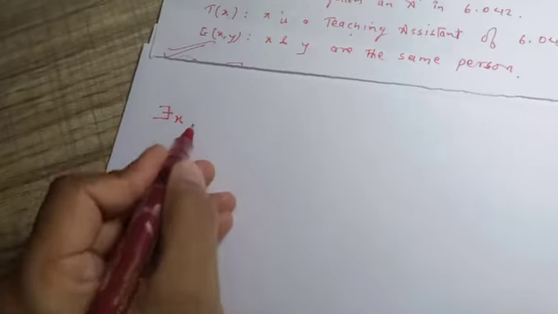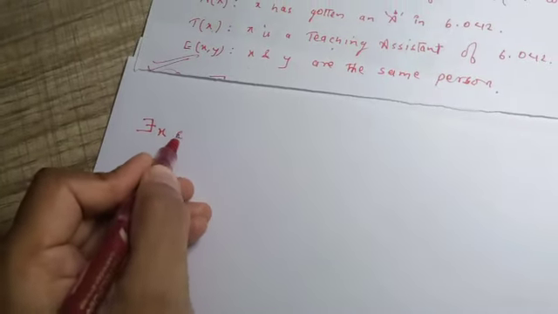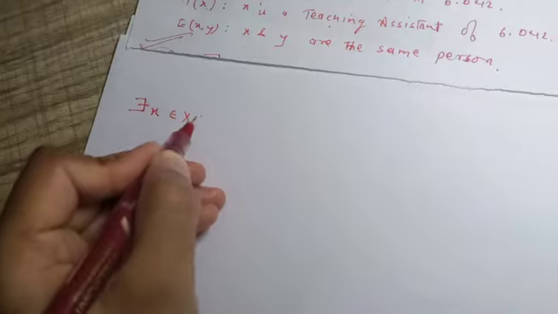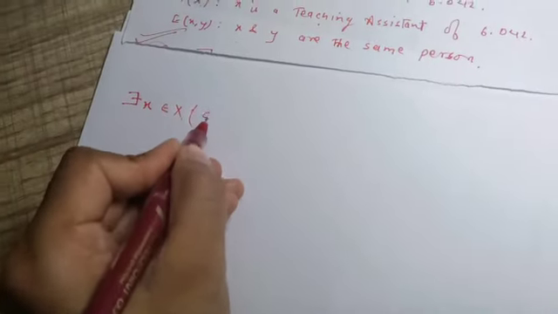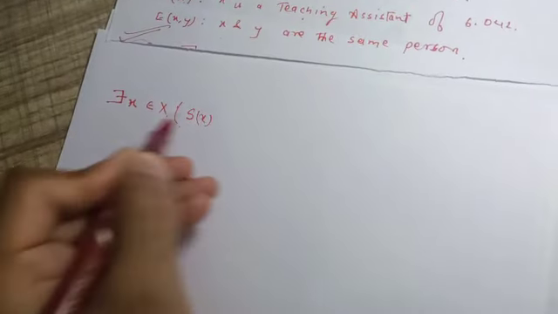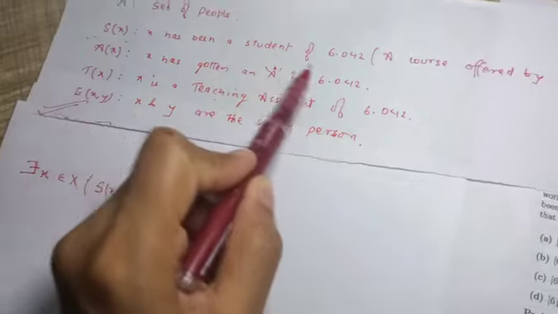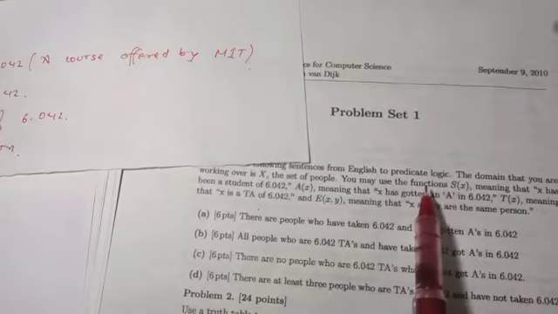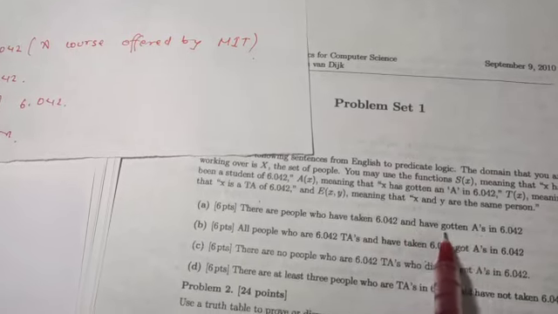Some people from X, an element of the set of people, such that S of X and A of X, that means people who have taken the course 6.042 and received an A. That is what we want to have here.